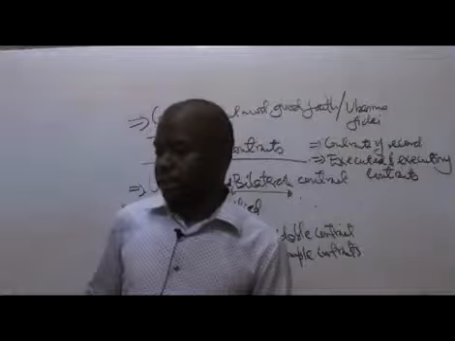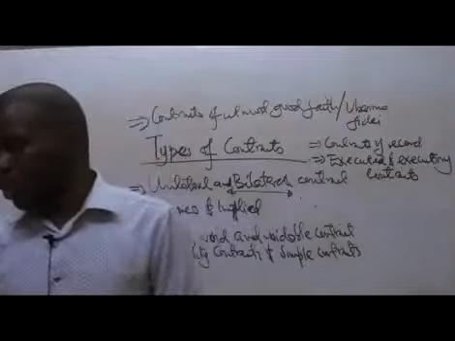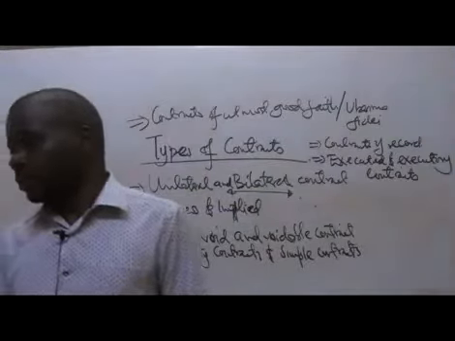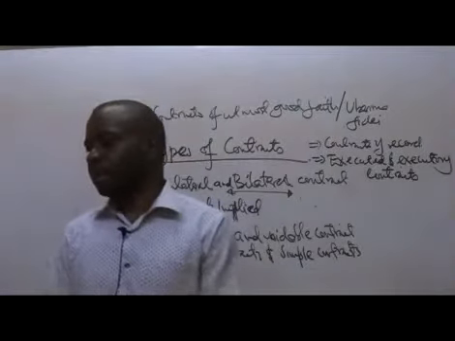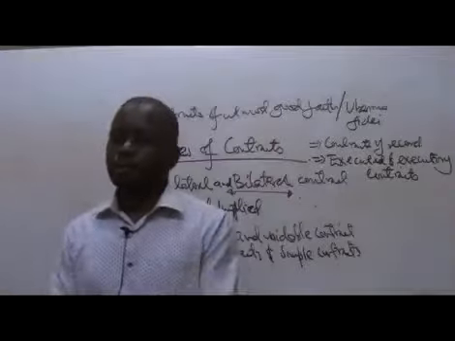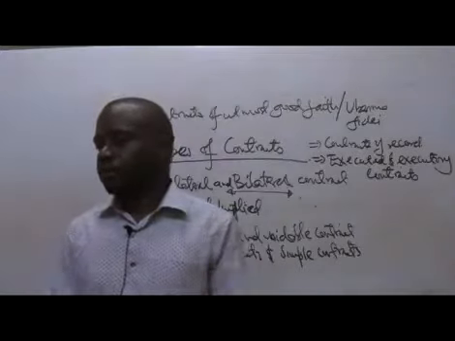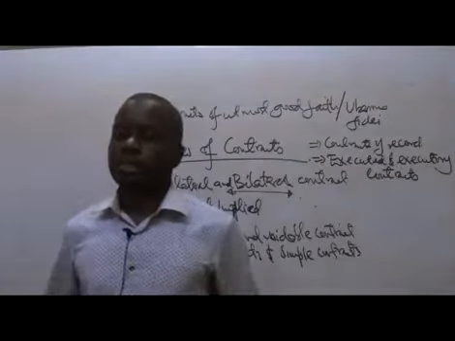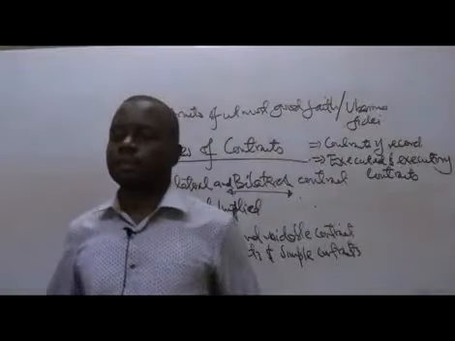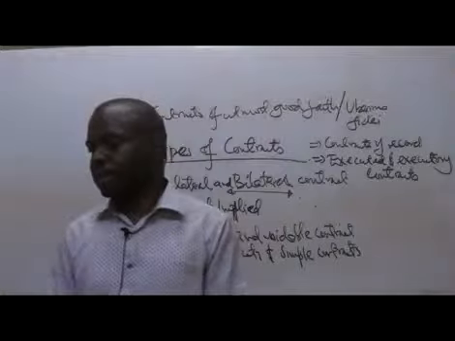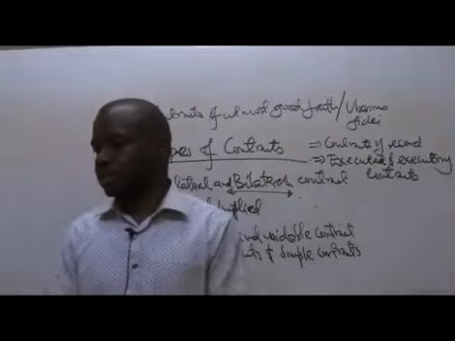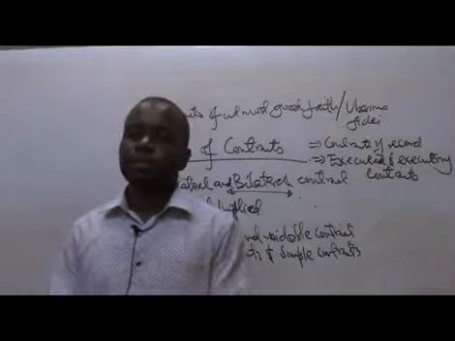Then you have an express or implied contract. An express contract is one in which the parties specifically agree about the nature and terms of their relationship. In this case, the terms are very express. They come from the parties. When you talk about an implied contract, it is like a formatted contract that is expected to be in a particular format.